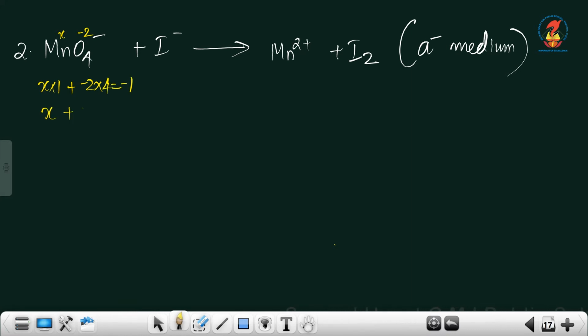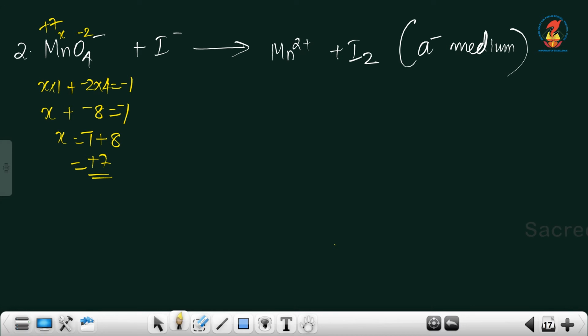So X plus -8 equals -1, so X equals -1 plus 8, that is +7. So the manganese oxidation state is +7.